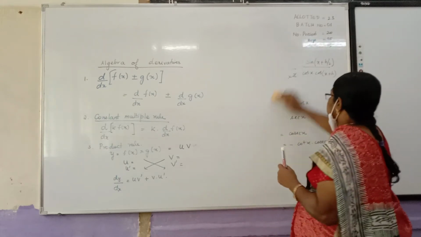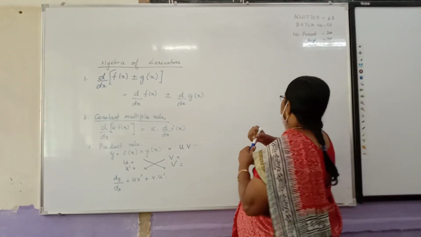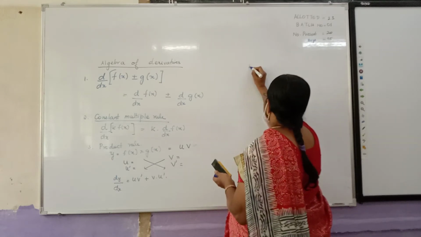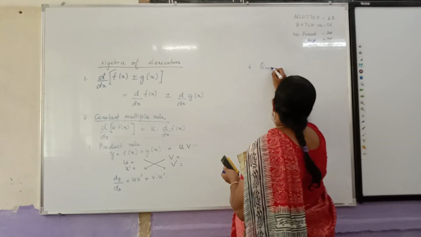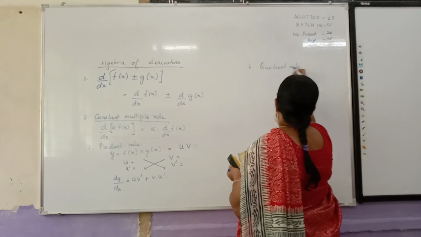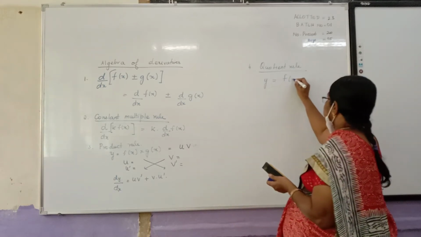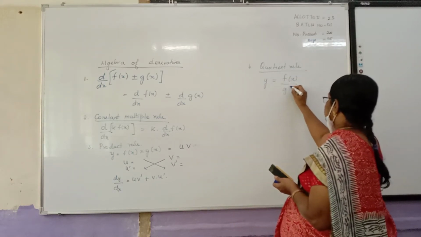Fourth one, quotient rule. Okay. So you are having y equal to f of x by g of x.